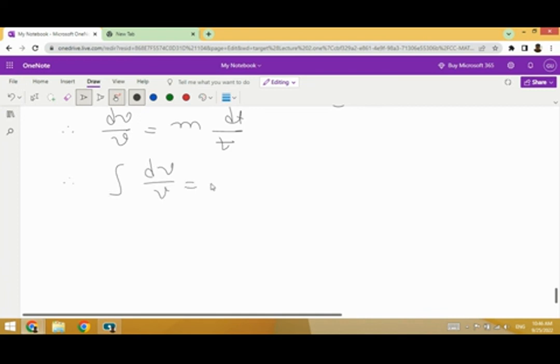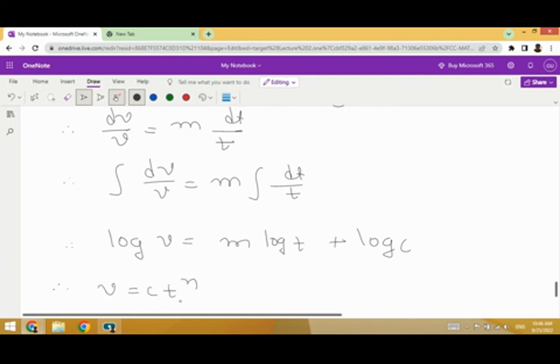Integration dv upon v is equal to m integration dt upon t. So we get log v is equal to m log t plus constant, that is log c, and we solve this and we get v is equal to c t raised to m.